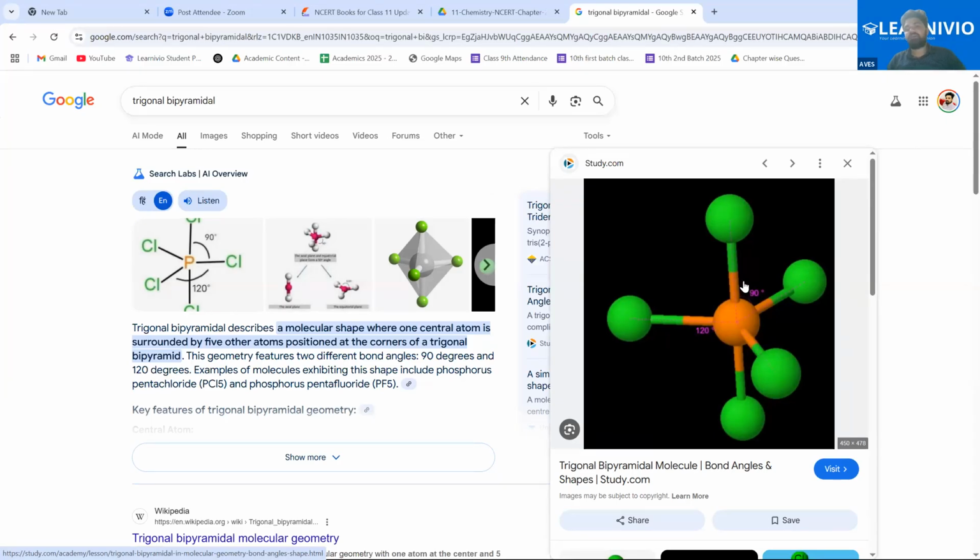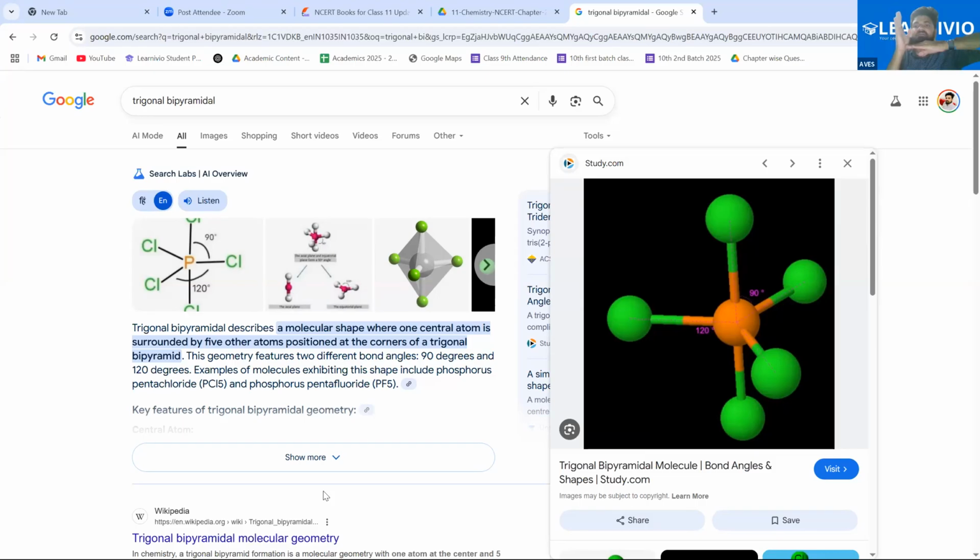There is a 90 degree angle between these, and the bonds that are in the plane have a 120 degree angle, 120, 120 and 120. But this one and this one, for example if I have something like this, this is perpendicular, so whichever angle I go, it will always have the 90 degree angle.